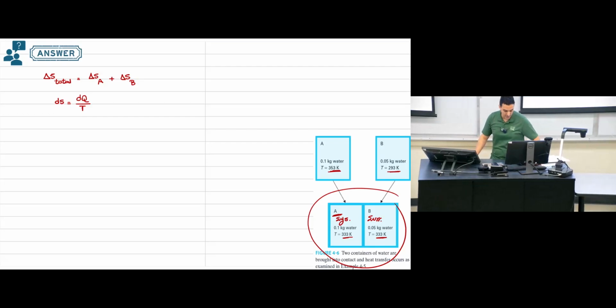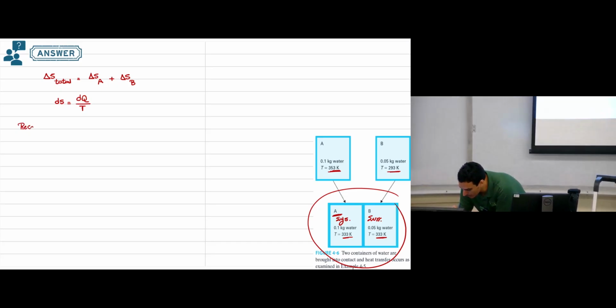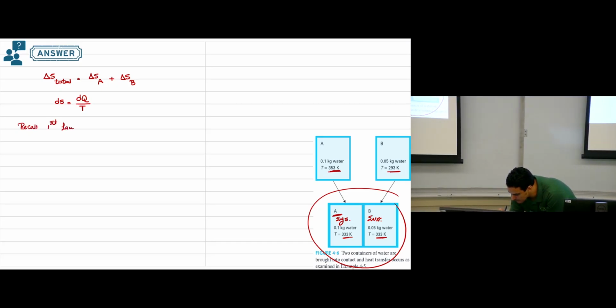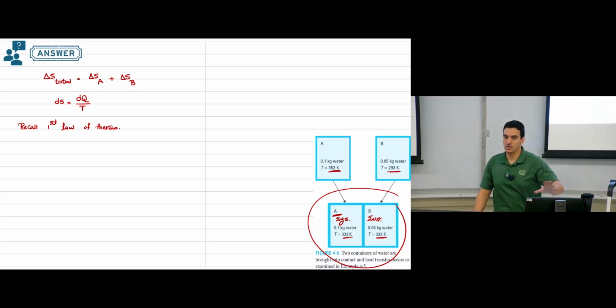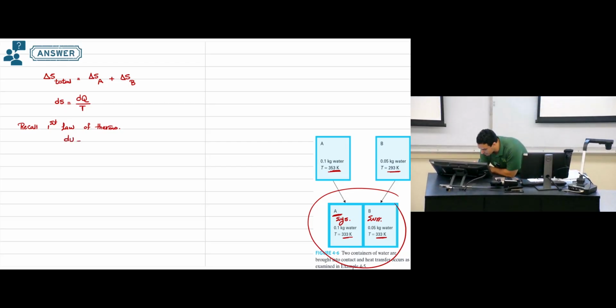So what we do in this case, we recall the first law of thermodynamics. Is this system open or closed? Do you have any mass in or mass out? No. So this system is closed. So the first law of thermodynamics will be dU equals dq plus dW.